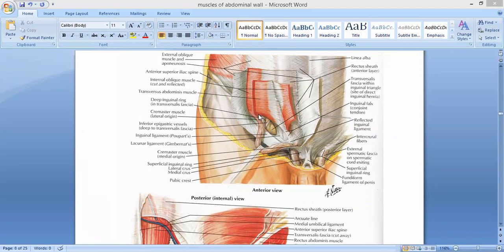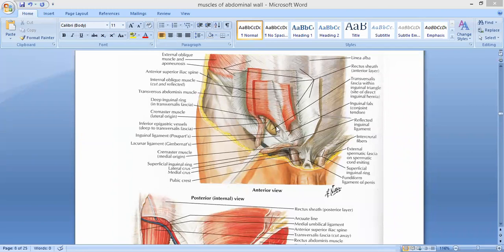Its direction is downwards, forwards, and medially, and it extends from the deep inguinal ring to the superficial inguinal ring. It contains the spermatic cord in males, and in females the round ligament of the uterus, and another nerve passes through this canal, the ilioinguinal nerve. Any problem? It is larger in males than in females.